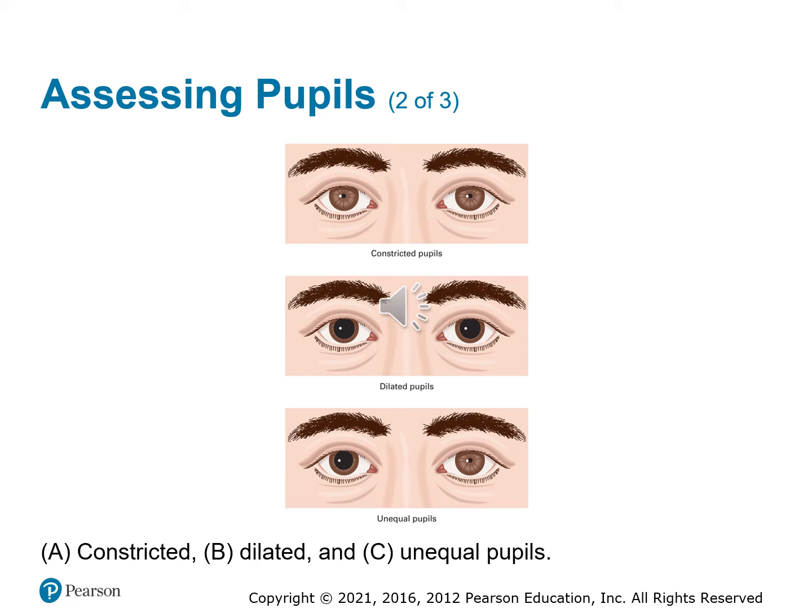Can be a number of factors. Usually they're not good factors. But you want to make note of things like, okay, I shined the light source over and the pupils didn't react, or without a light source the pupils were already constricted, or what we call pinpoint. Like I said, there are a number of things from drug use to brain injuries that cause this.